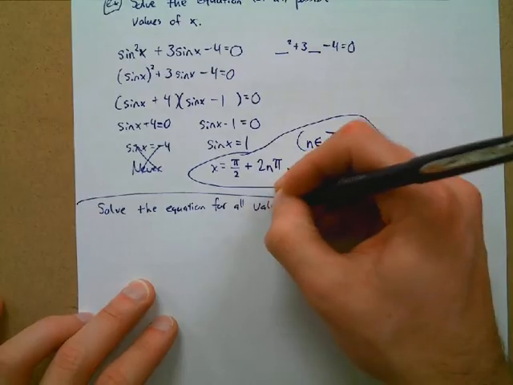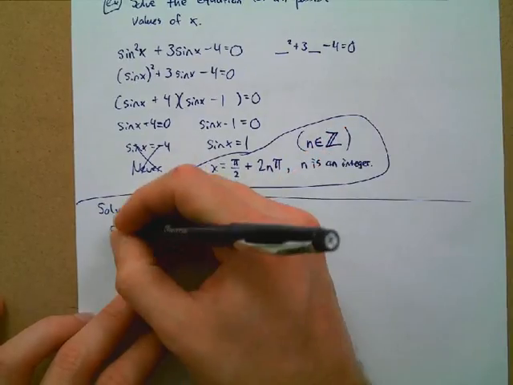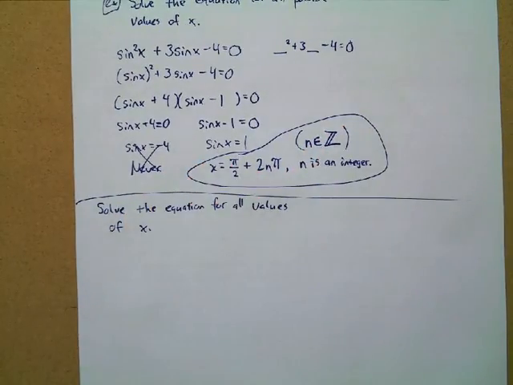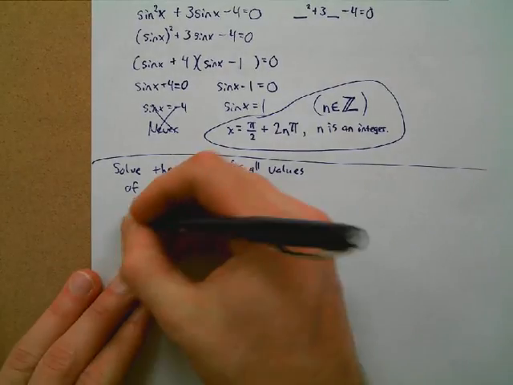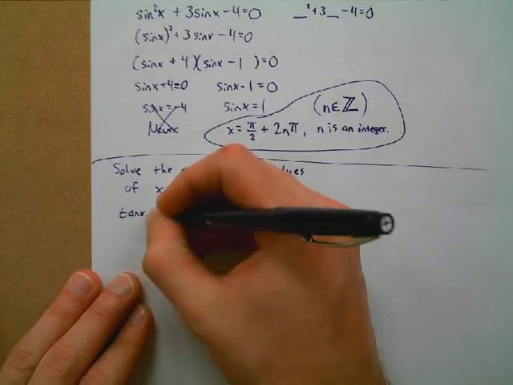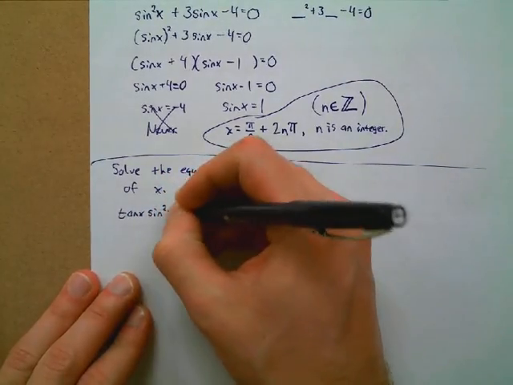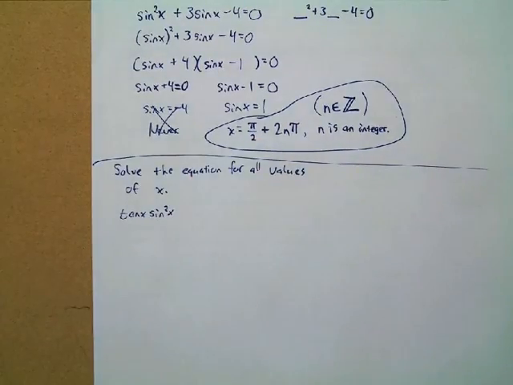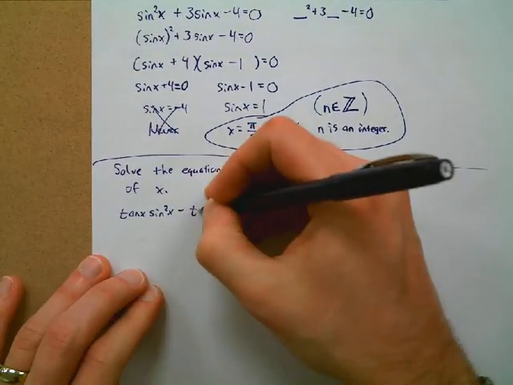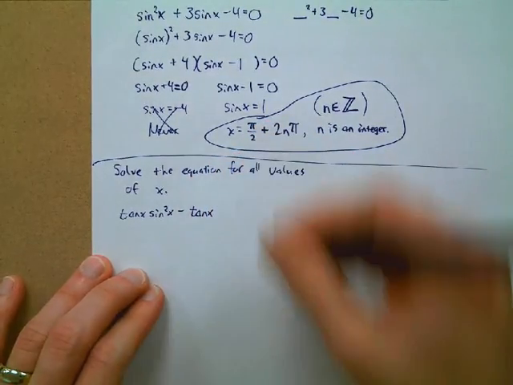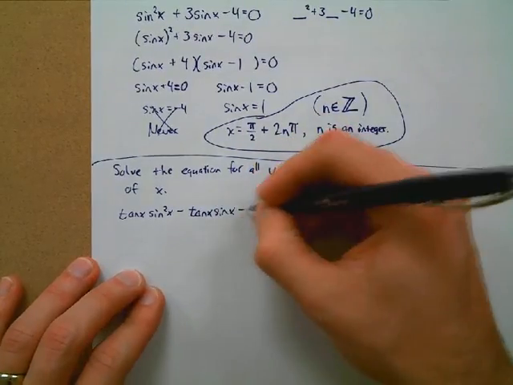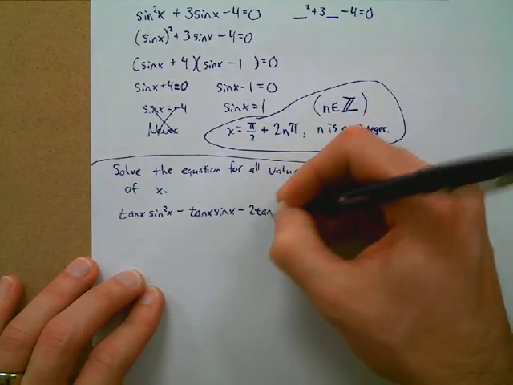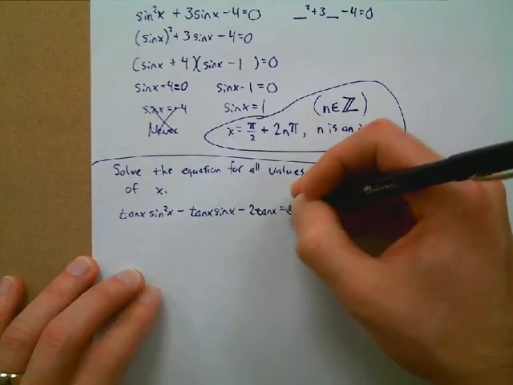Solve the equation for all values of x, and our new equation here will be tangent x times sine squared of x minus tangent x times sine of x minus 2 tangent x equals 0.